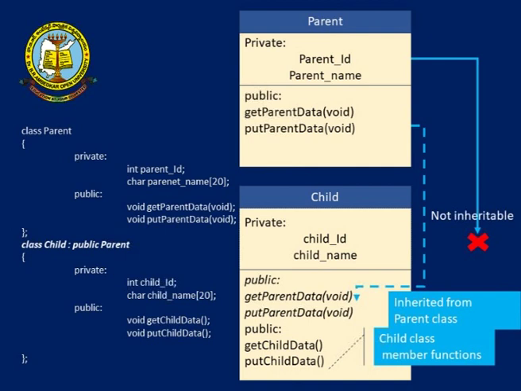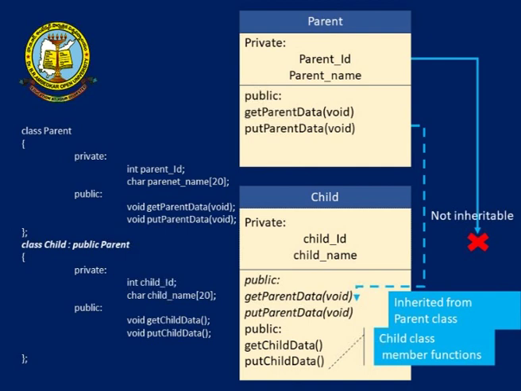In this example, we have created a class known as parent with some private members and public members. In the private section, we have a parent ID which is of integer type, and parent name, a character array, that is nothing but a string type.